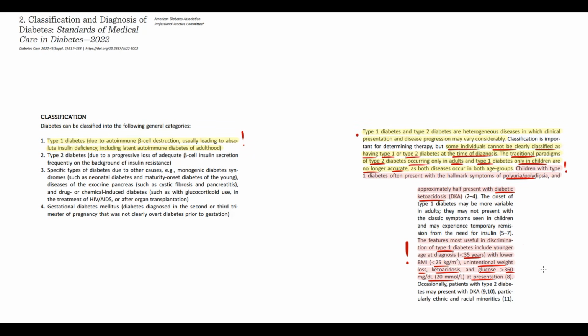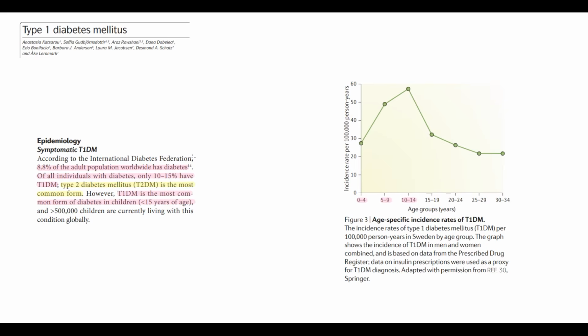And to explain all these features of diabetes type 1, we have to know the pathogenesis. Before pathogenesis, we have to highlight that type 1 diabetes is less common than type 2 diabetes. Among all people with the diagnosis of diabetes mellitus, only 10 to 15% have type 1 diabetes, and approximately 85% have type 2 diabetes.